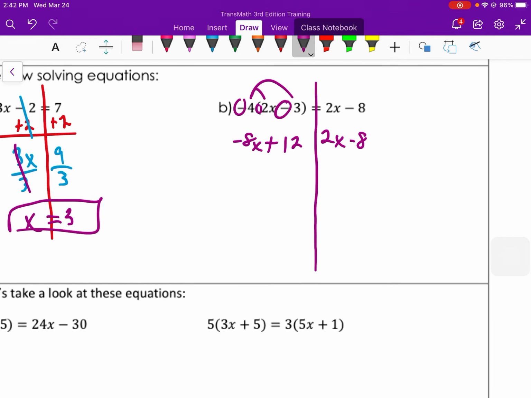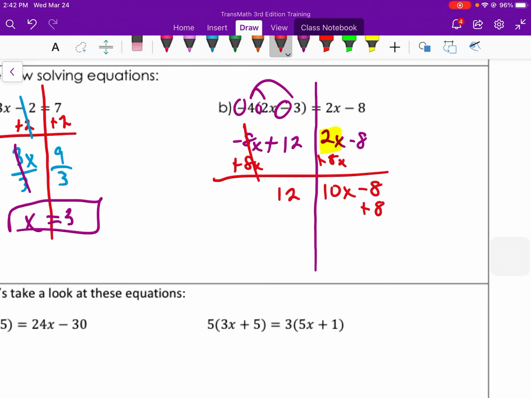Again, we want our x's on one side, so I'm going to move them to the side with more x's, and to be clear, I want more that are positive. So I'm going to do the inverse of -8x, and add 8x to both sides. Those cancel each other or simplify to 0, so that I have 12 equals 10x minus 8.